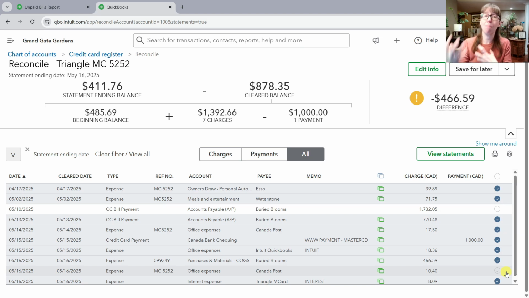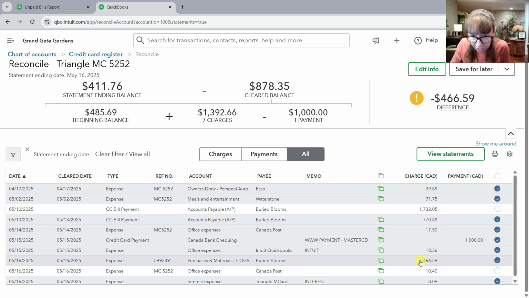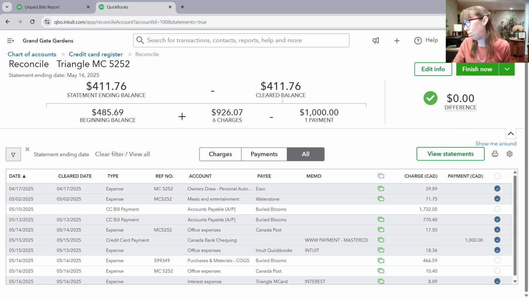This is why we did a manual bank reconciliation at the beginning of the course, to say this is how it works in general. Let's keep going because we're still off by 466.59. Look, there's 466.59. That actually is also on May 16th. Do we need to look at the statement? We'll look at it, but you can see.